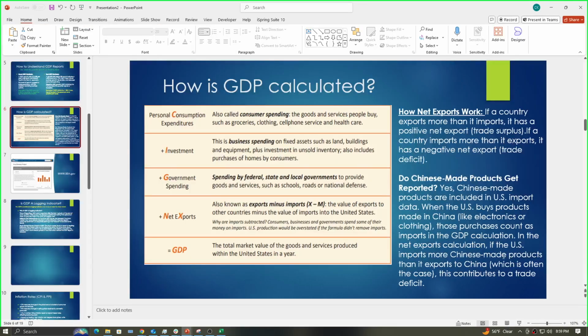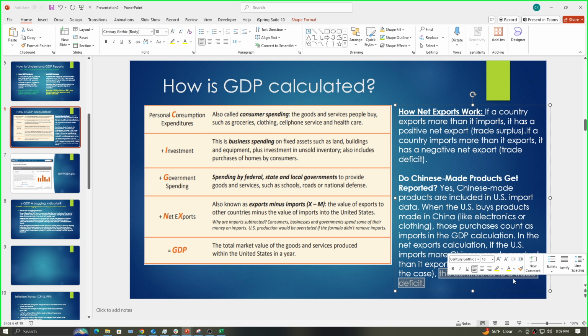So in the net export calculation, if the U.S. imports more Chinese-made products than it exports to China, this contributes as a trade deficit. So this is one of the reasons why Donald Trump is pro-USA, pro-USA manufacturer jobs, pro-USA jobs here in America, and he wants to tariff all of the countries.